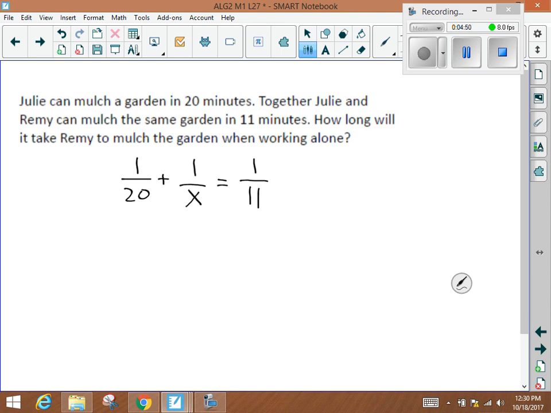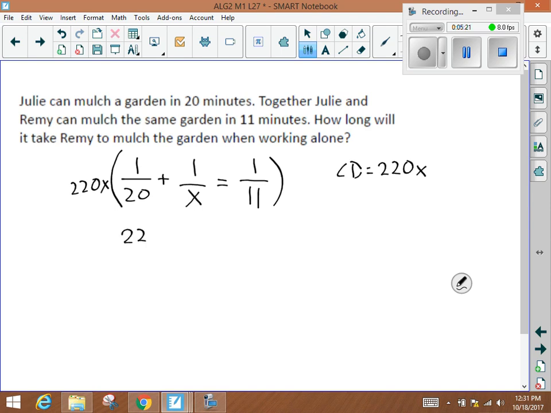So our common denominator would be 220x. So that means that I need to multiply this whole equation by 220x.